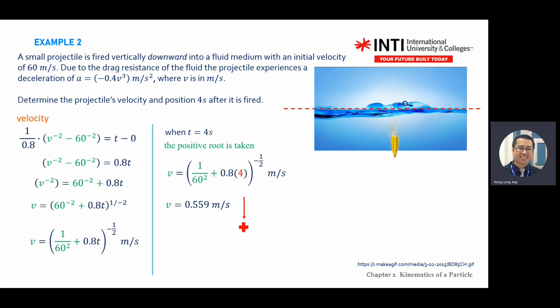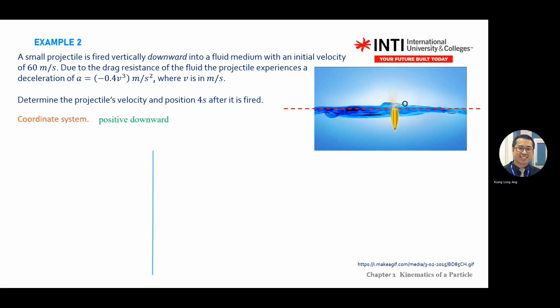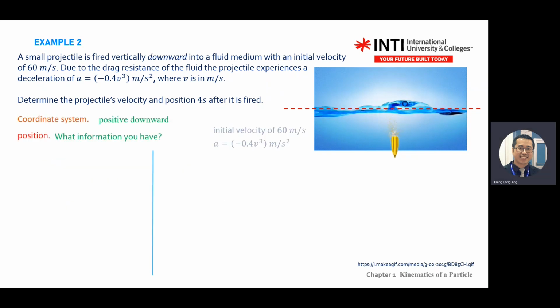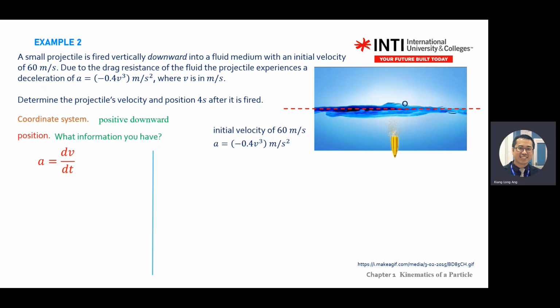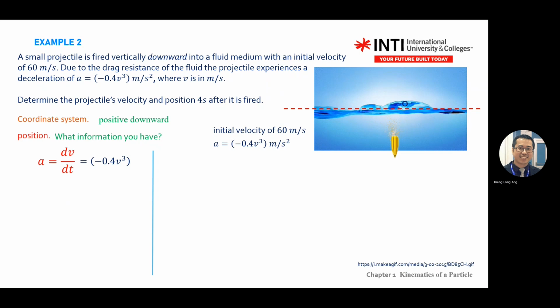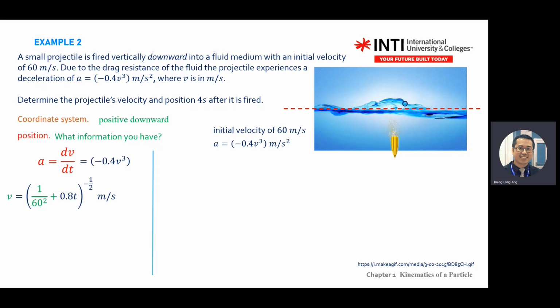Okay. Velocity value is positive, so it continues to go down, right? Then you need to find the position. Acceleration equals dv/dt. So you have this velocity equation just now from section A. So this equals ds/dt.